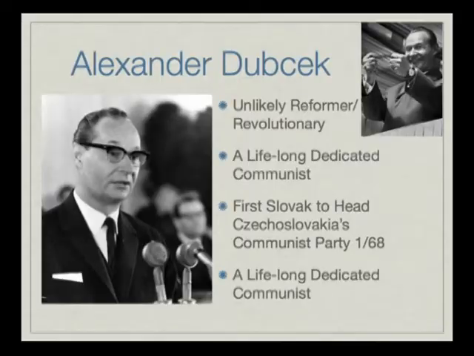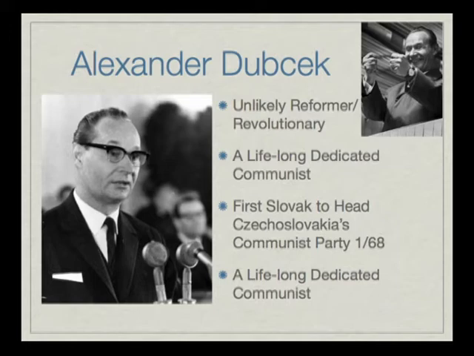Now we come to the leader of the Czechoslovak Communist Party. His name was Alexander Dubcek. Now, you never would have guessed that Alexander Dubcek would be any kind of a revolutionary hero. It just simply wasn't in his makeup. He was a typical party man. He had served quietly. He was a Slovak, and so that meant that nobody ever listened to anything he said.